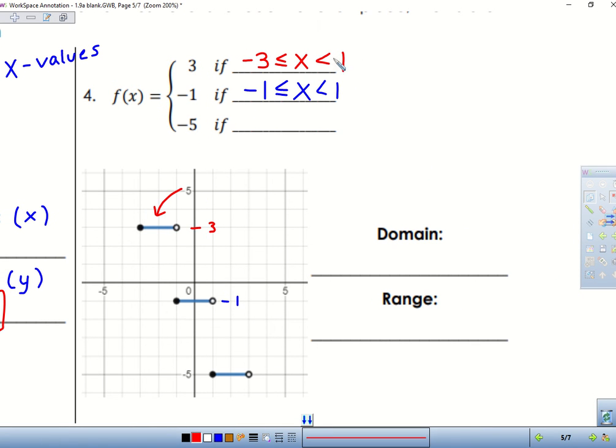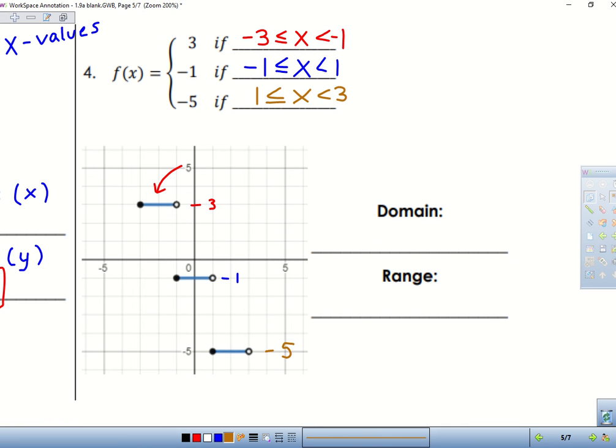Okay, cool. Yep. I realized it right as you said it. Thank you for that. And then this one's at -5, and this one's between what two x values? 1 and 3. Good, 1 and 3. And then the 3 is not included, so we use no equals underneath our inequality.